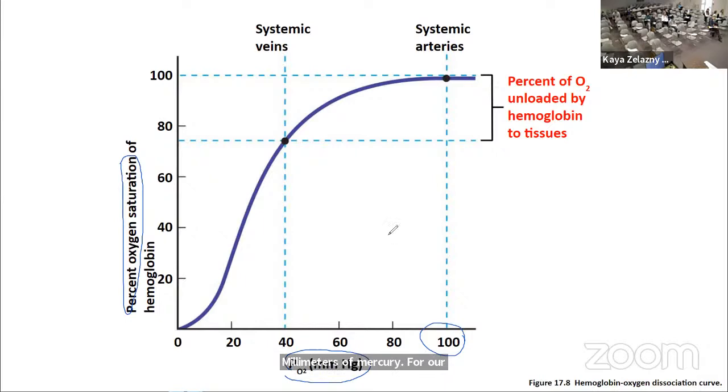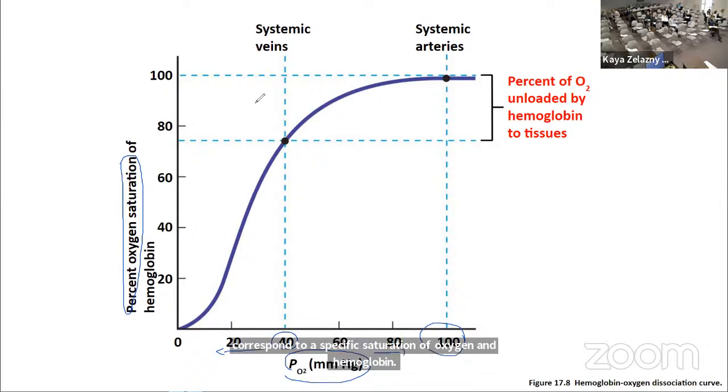And the blood returning to our heart is usually at 40. So that's why we've picked these 2 points, because these 2 points are what we're looking at in our actual bodies. Okay. Any point, though, on this chart, any partial pressure of oxygen, less, more, anywhere, would correspond to a specific saturation of oxygen and hemoglobin. Okay.